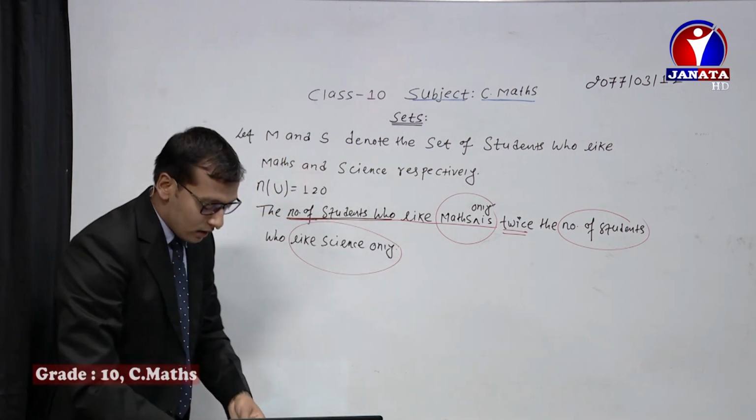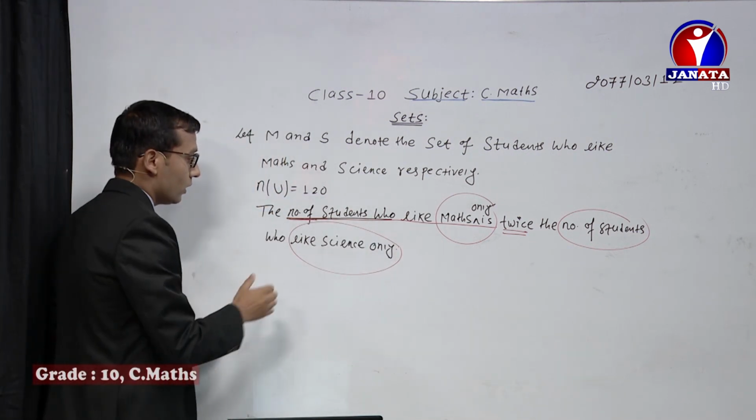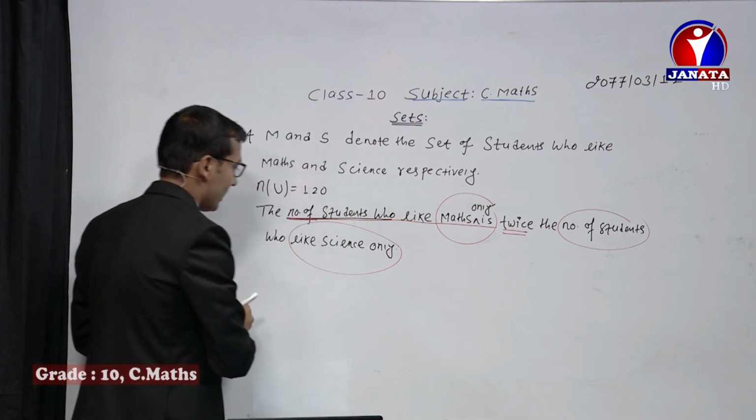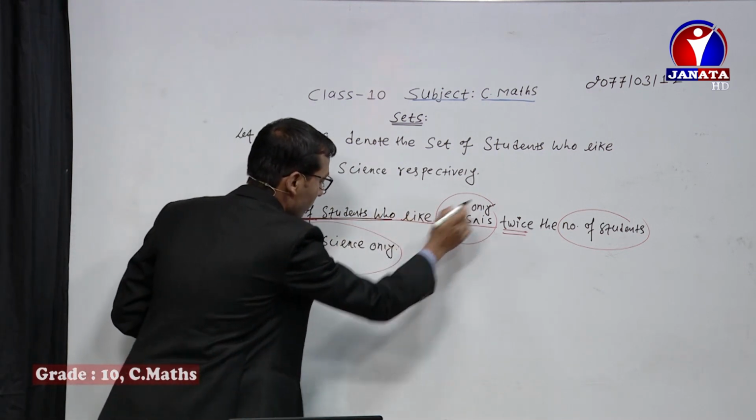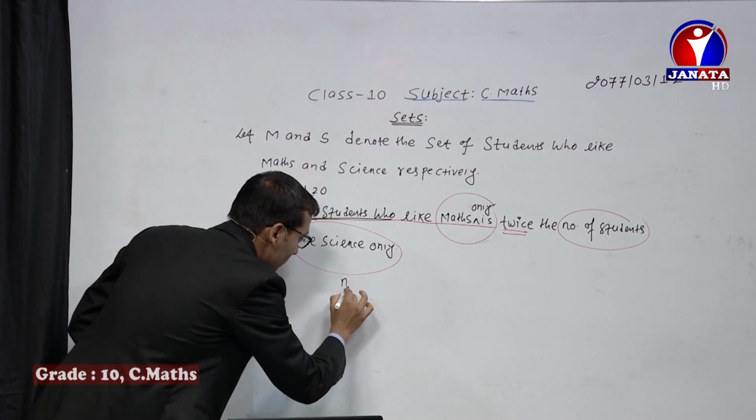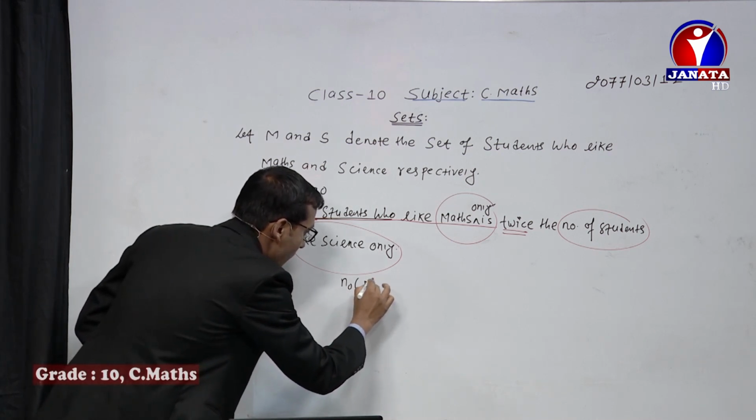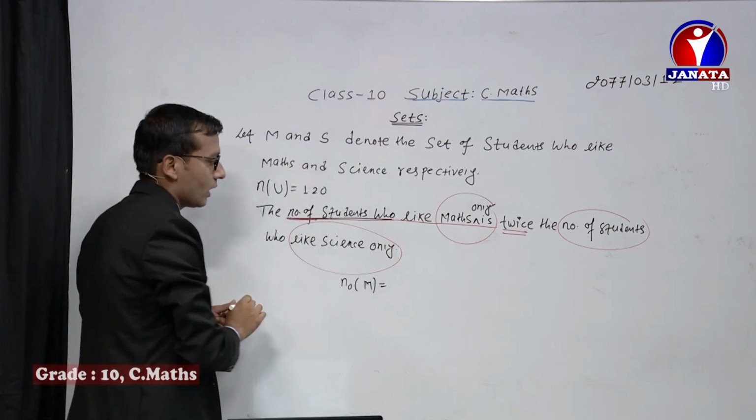So the number of students who like maths only, n only M, is how many times?